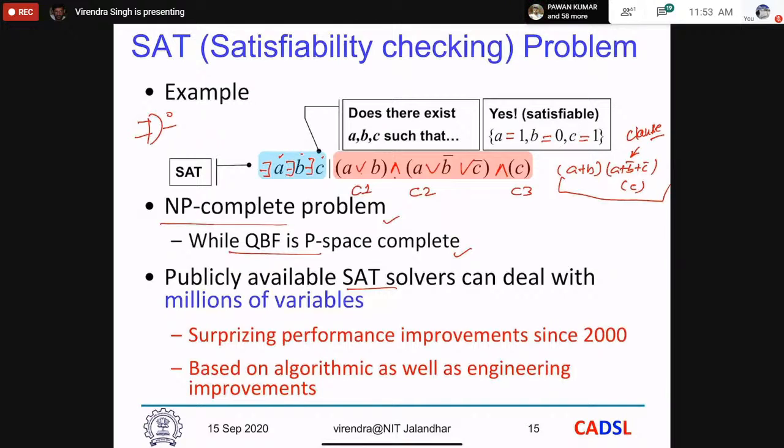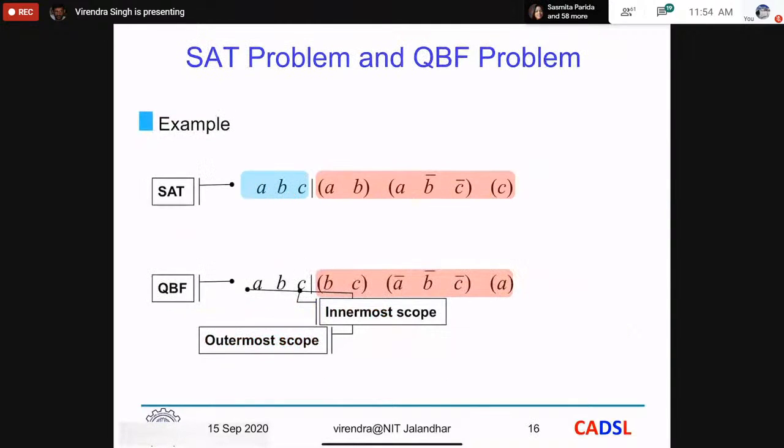But the problem with BDDs is that for some circuits they explode intermediately, and so may not be able to handle them. In this century, SAT has made a great improvement, and therefore the community is again shifting back towards the use of SAT. There is a huge improvement in the performance.